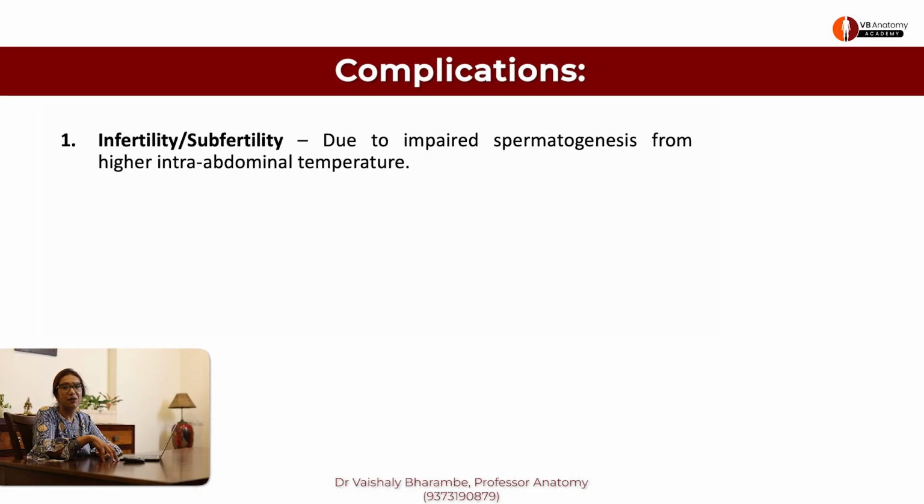With this, we come to why the follow-up. Why the follow-up? Because this condition results in complications. If you have not re-anchored the testes at the right time into the scrotum, the adult is going to be infertile because the testes no longer have the ability to produce active motile sperms.